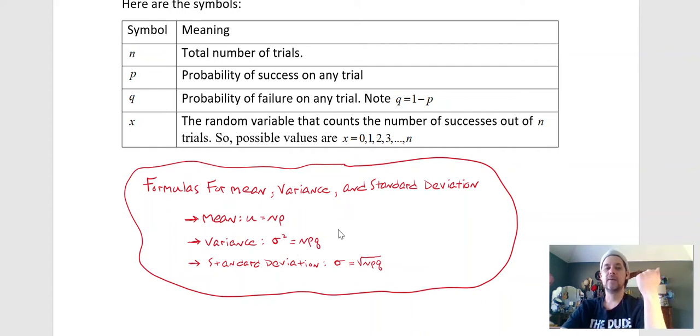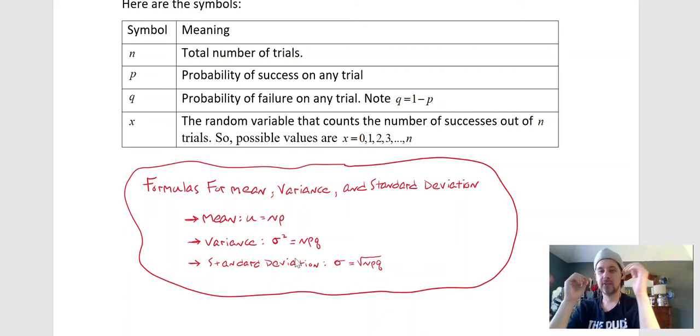Now, mean, variance, and standard deviation are things introduced way earlier in the course. The mean tells you where you can expect the data or the measurements to be. It's a measure of central tendency, or a measure of a typical data entry. And the standard deviation tells you how spread out the data is.